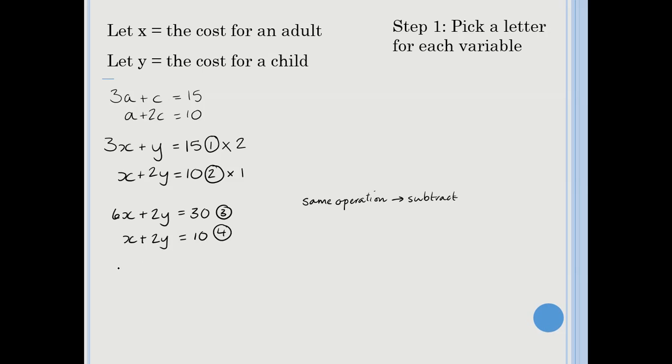So remember, if it's the same operation, we're going to subtract. So I've got 6x subtract x is 5x, 2y subtract 2y cancels out, and 30 subtract 10 equals 20. Now I need to solve for x, so that 5 comes over and x is equal to 4.